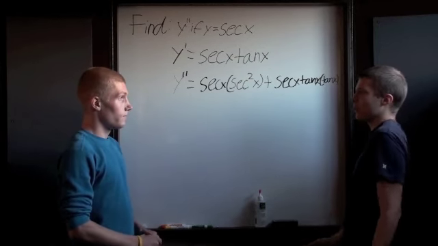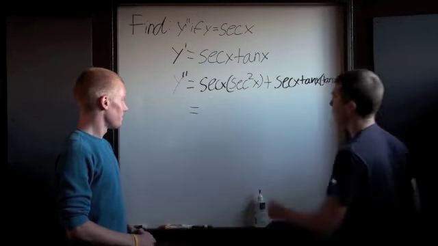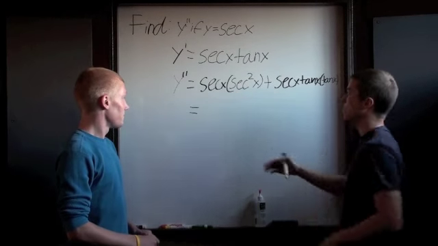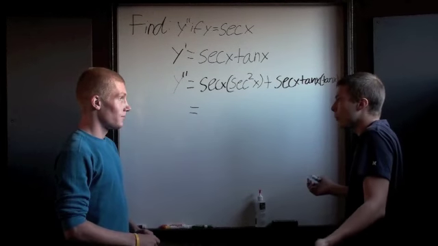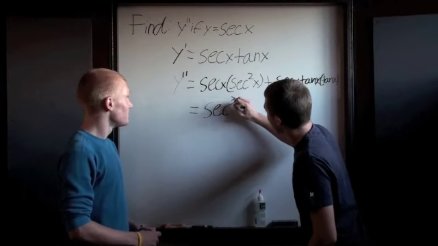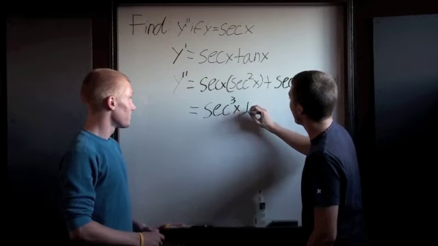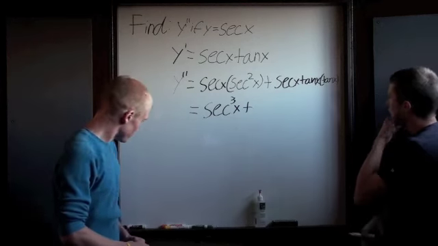Let's go simpler. Equals this one times this one, 1 plus 2, essentially 3. I'm going to call it secant cubed. I don't think I'm breaking any rules here. He's not. So we have secant cubed plus secant x tangent x times tangent x.